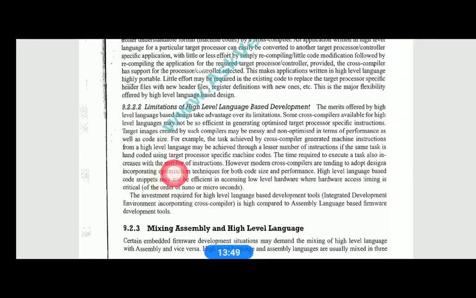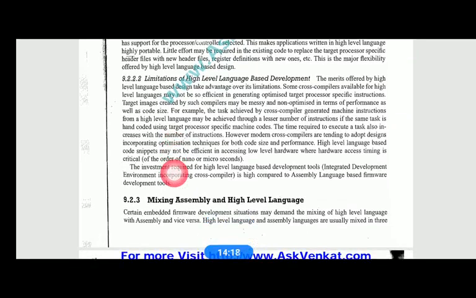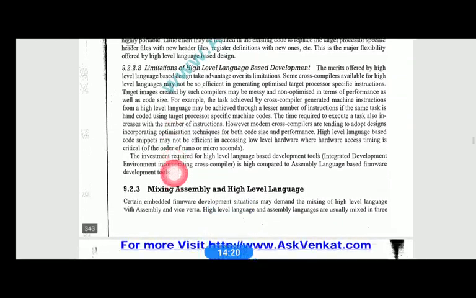Well said, because some compilers convert the high level language into machine code that may be lengthy compared to the same machine code written by hand. So that requires more memory, whereas a program written by hand requires less memory. That is one disadvantage we have here, right?